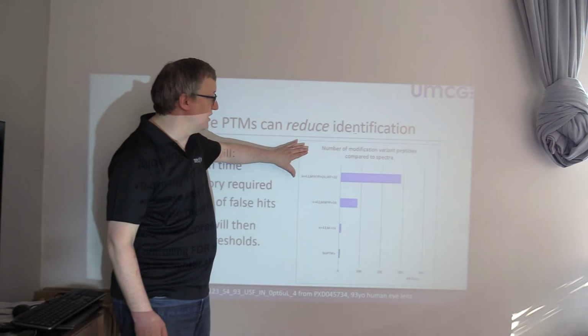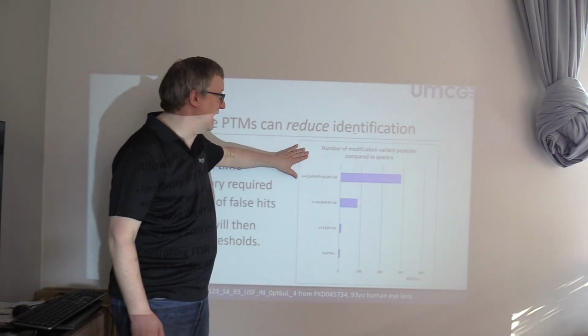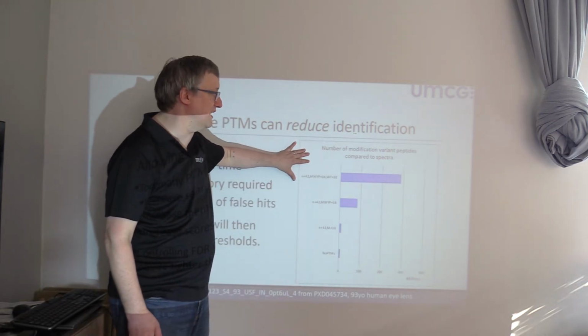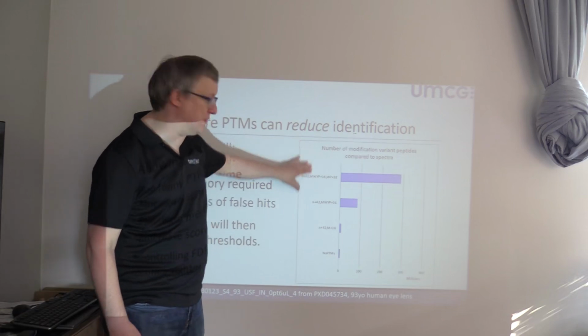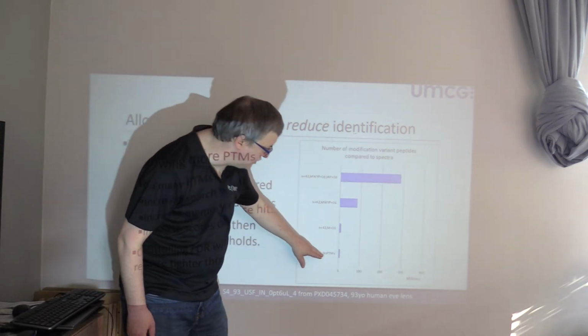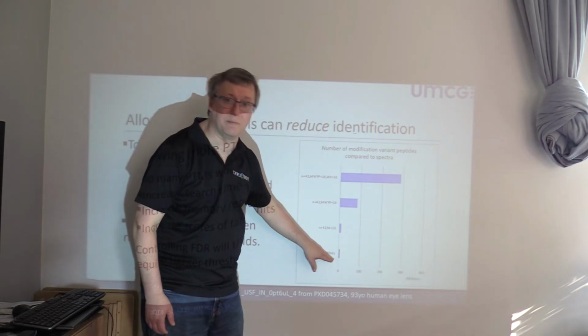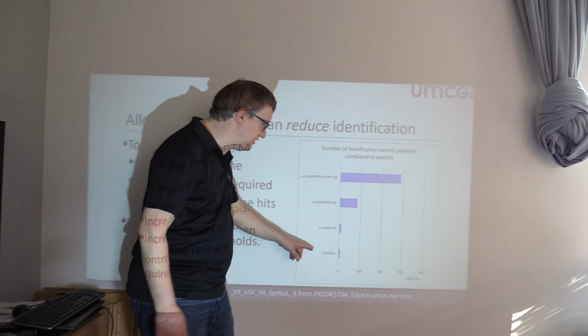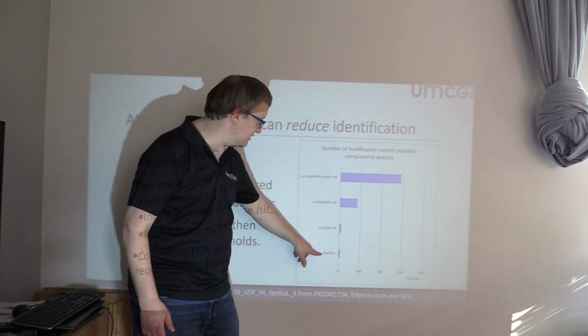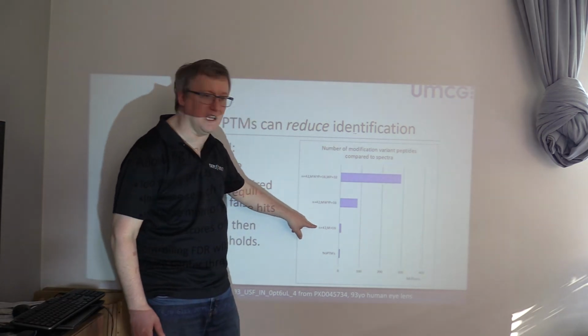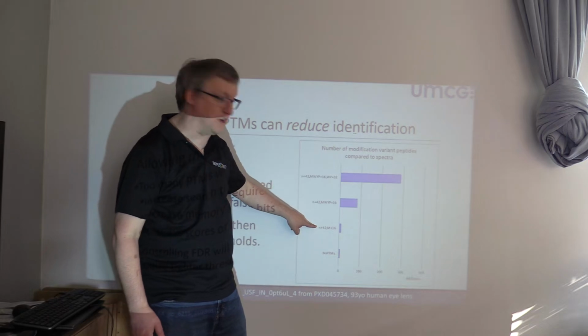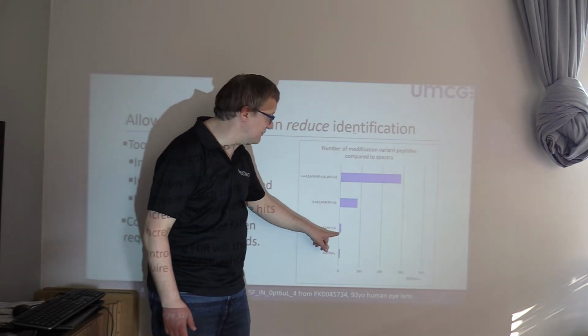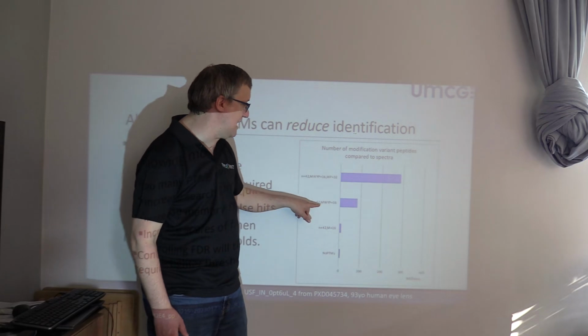All right, so in this case, we're going to look at how many different modification variants must be compared to spectra. If we have no PTMs, it's a very small number because in this case we're using something like a 10 parts per million precursor mass accuracy. Again, we see that adding the acetylation of the N-terminus or the oxidation of methionines has a relatively small impact.